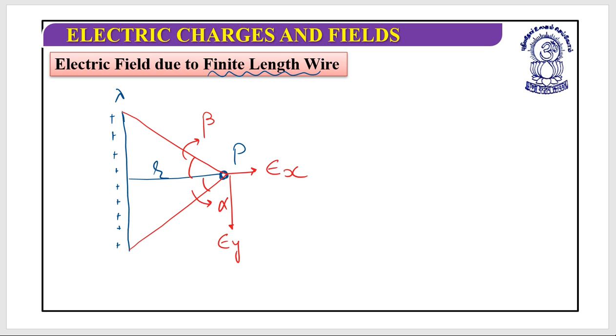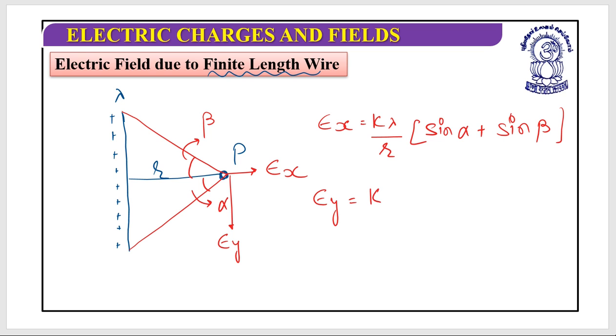When I write Ex, listen very carefully, I should write k lambda divided by r multiplied by sin alpha plus sin beta. When I write Ey, it should be k lambda by r into bracket cos beta minus cos alpha. This would be the situation.